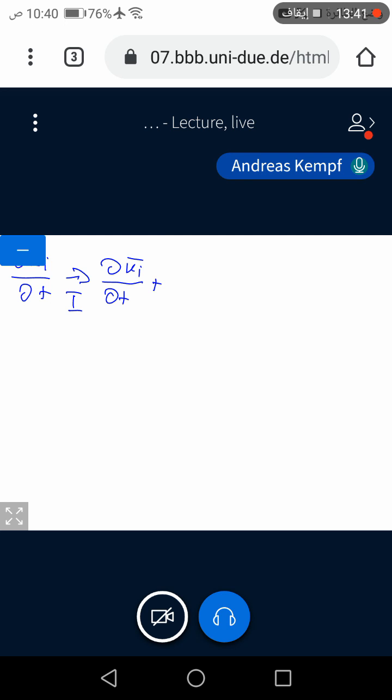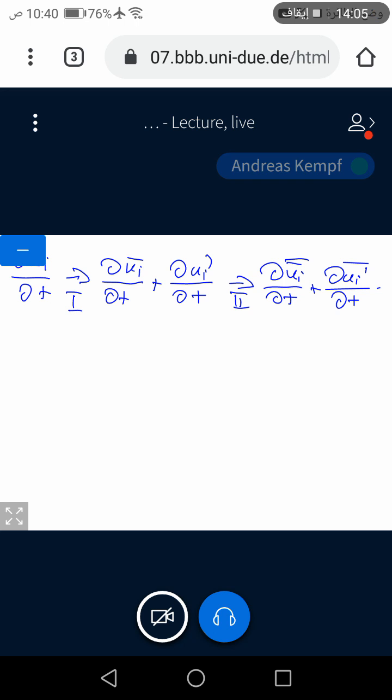We have ui bar plus del ui prime del t. Okay, this is our decomposition. And now in the next step, we average it. We end up with del ui bar bar del t plus del ui prime bar del t.